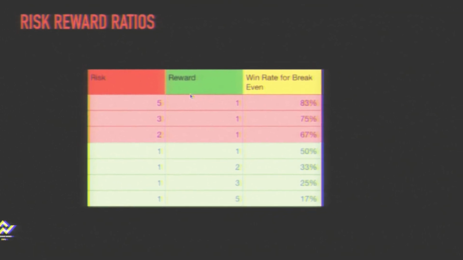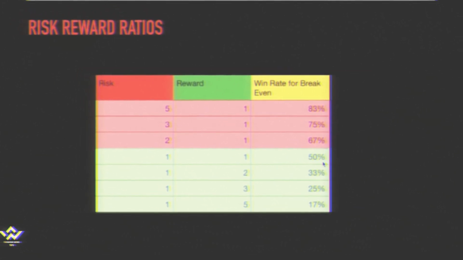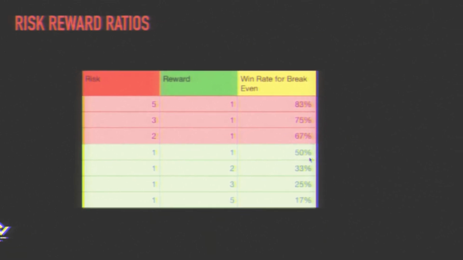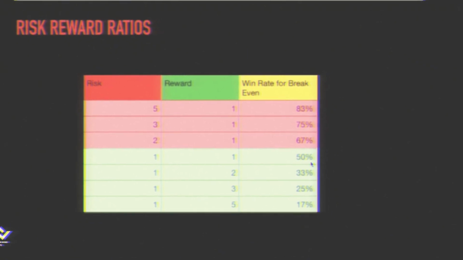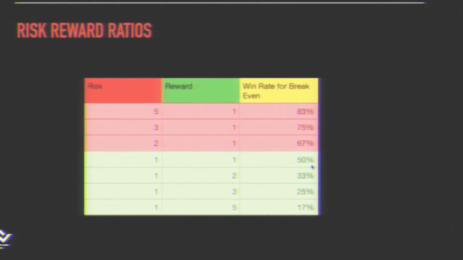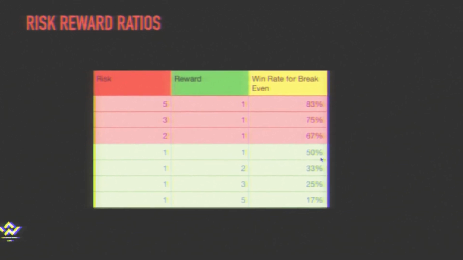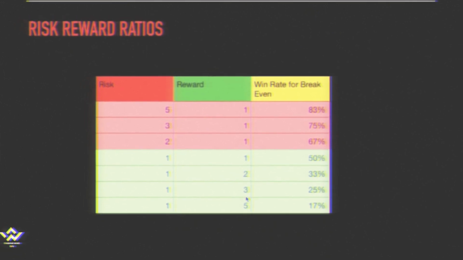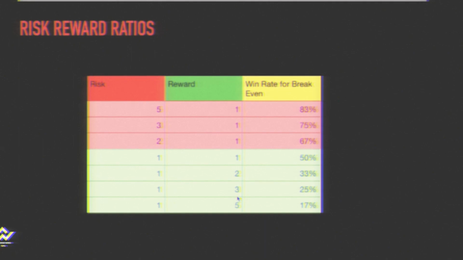Having a risk-to-reward ratio of 1 to 1 allows you to be right 50% of the time and still break even. Now, unless your win rate is higher than 50%, you won't make money using a 1-to-1 risk-to-reward ratio all the time. My win rate is around 50%, so I need to always aim to try to get a risk-to-reward ratio of 1 to 2 or higher. So on every trade, I risk $100 to try to make $200 or higher.